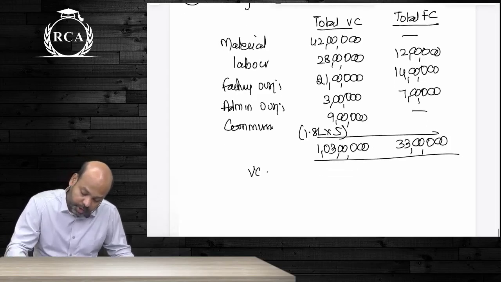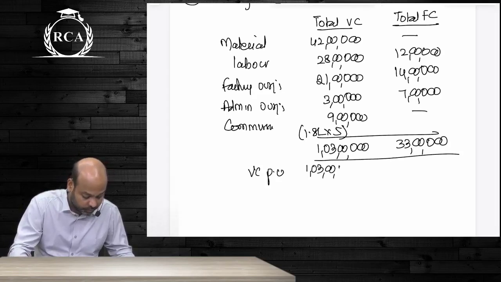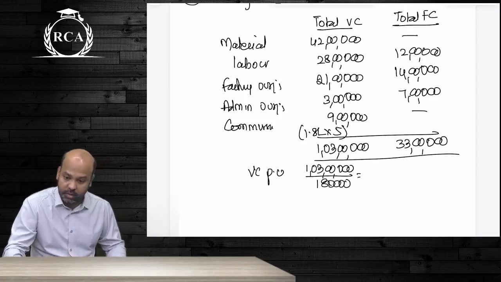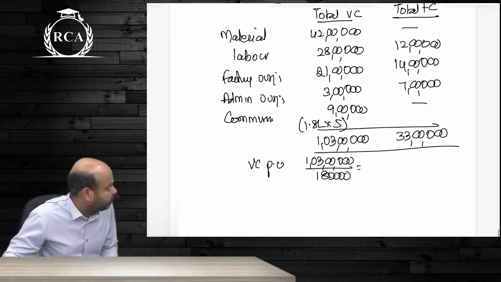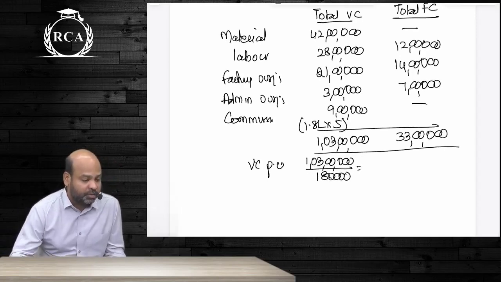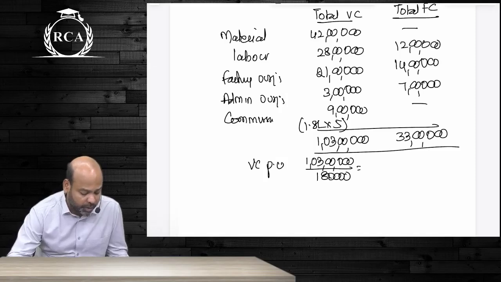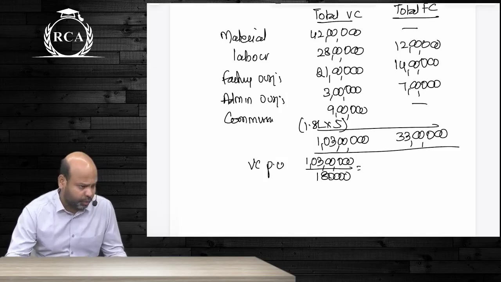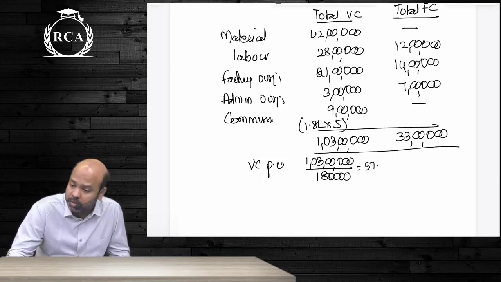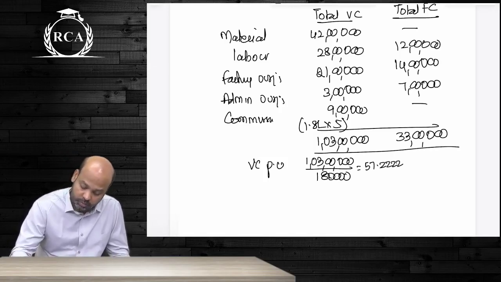Can you compute variable cost per bag? 1 crore 3 lakhs you will have to divide by 1 lakh 80,000 units. Variable cost per unit requirement नहीं है, break even point है, but using this variable cost will compute break even point. कितना है? 57.2222222.